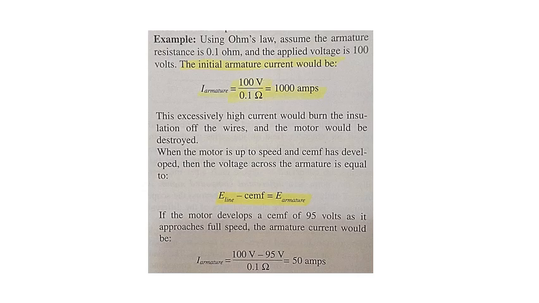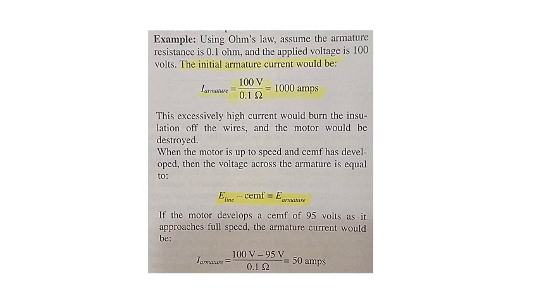When the motor is up to speed and CEMF has developed, the voltage across the armature is equal to, as shown, V line minus CEMF equals V armature. If the motor develops a CEMF of 95 volts as it approaches full speed, the armature current would be, as shown at the bottom of your screen, I armature equals 100 volts minus 95 volts divided by 0.1 ohms, which is 50 amps.